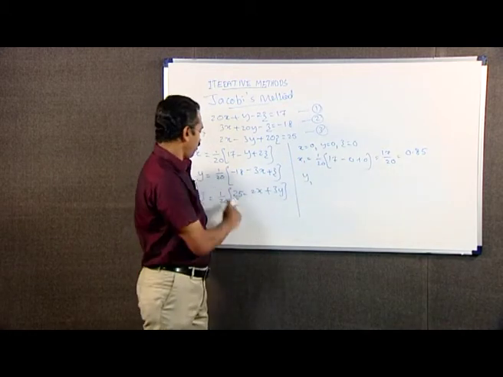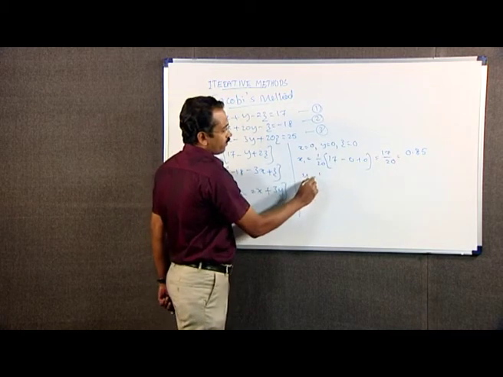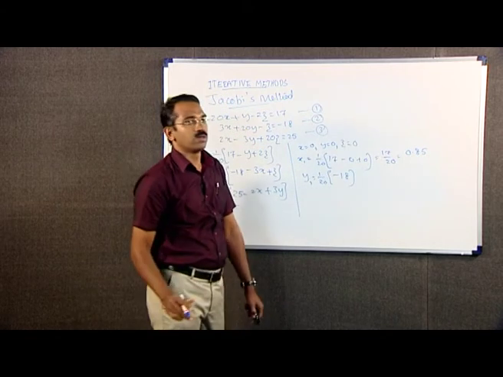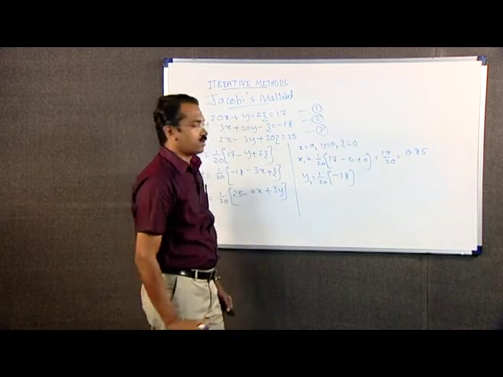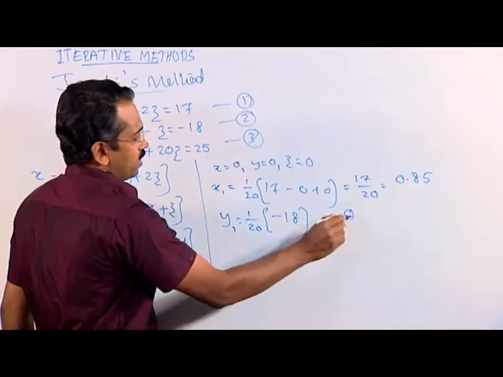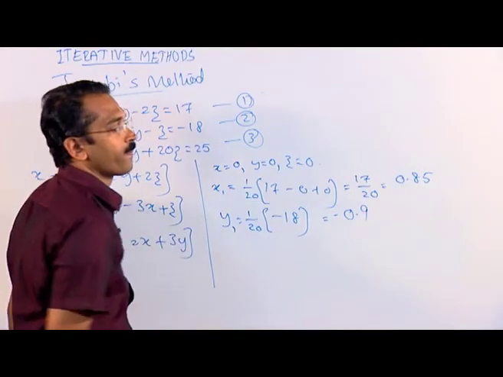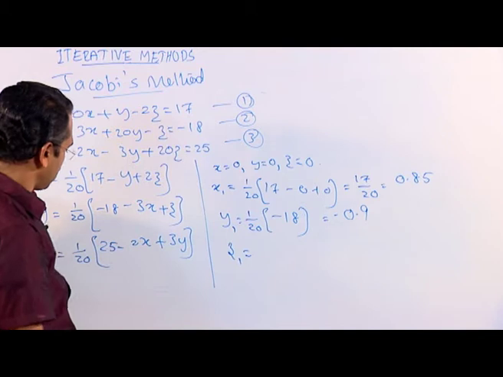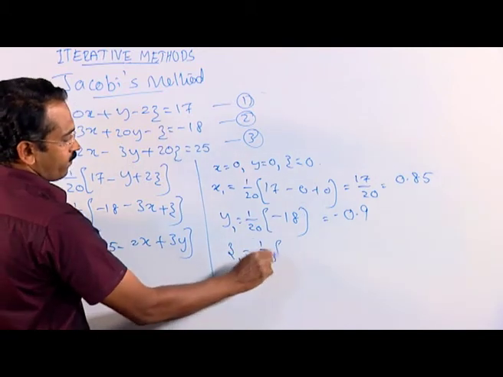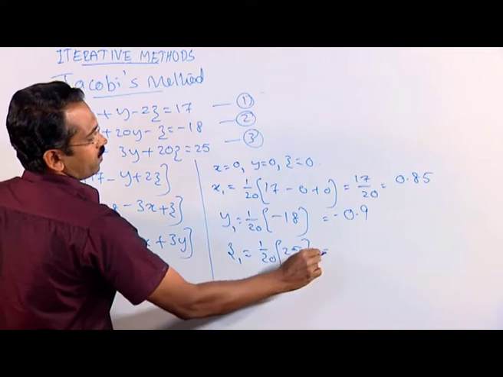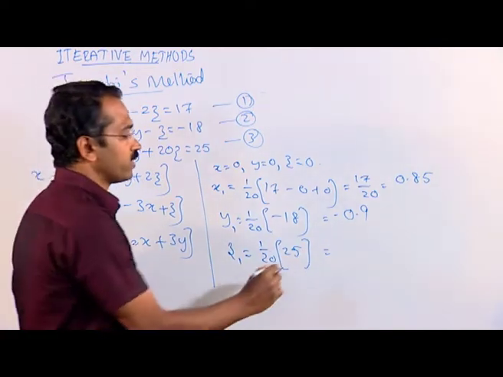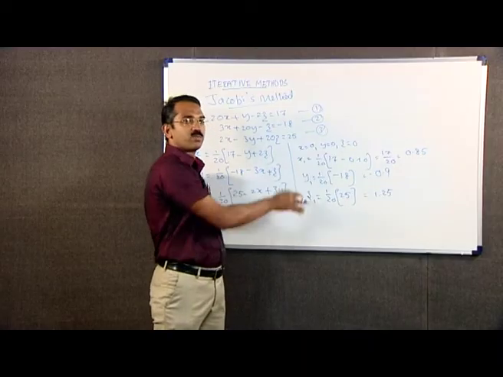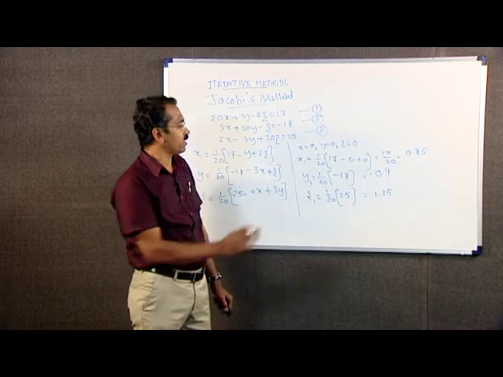The first approximation of y is y1 is equal to 1 by 20 into minus 18, that is equal to negative 0.9. And the third approximation is z1 is equal to 1 by 20 into 25, that is equal to 1.25. These are the first approximate values of the required solution.